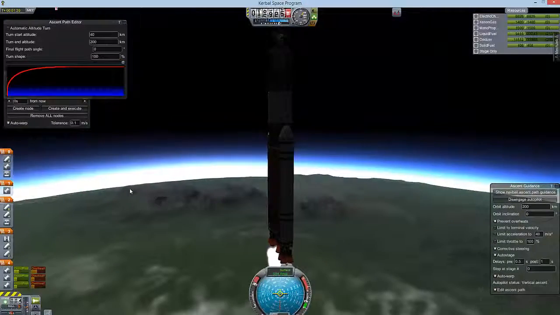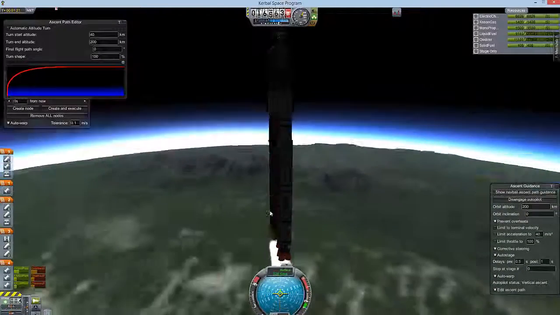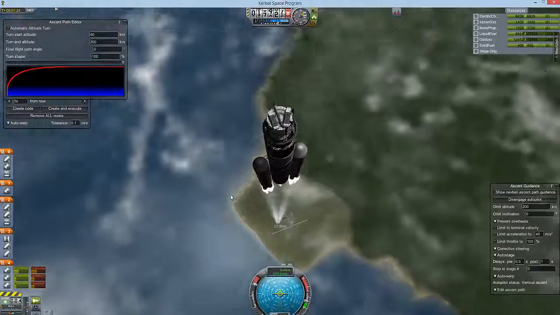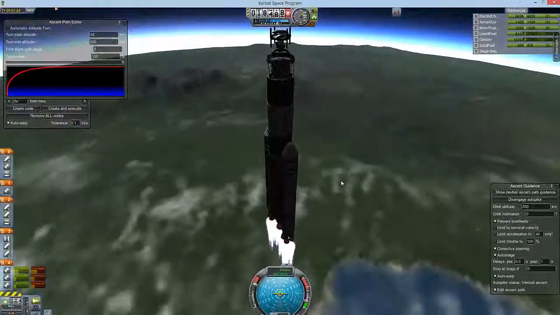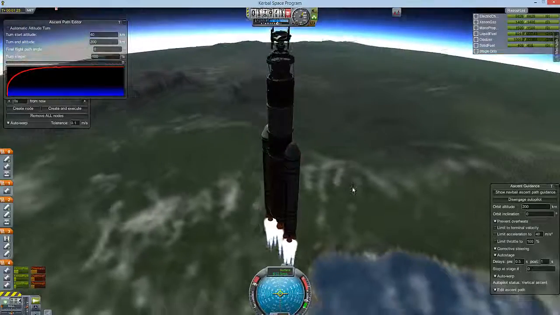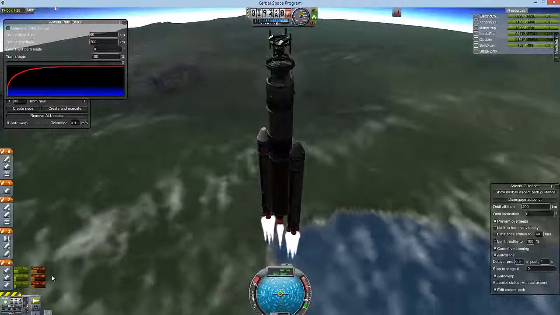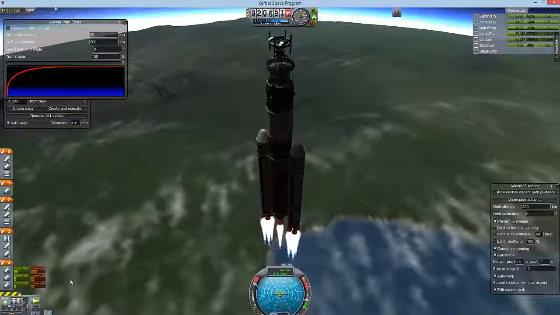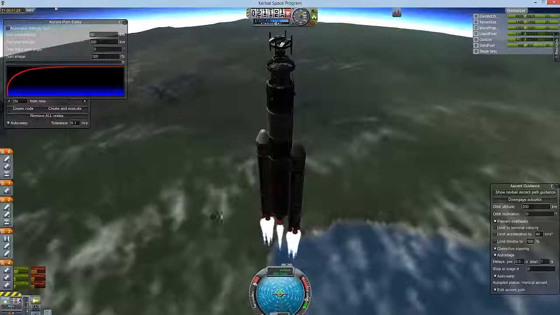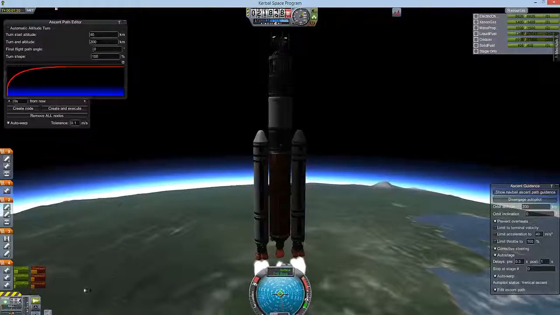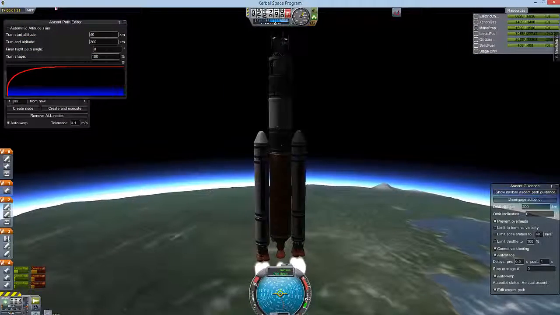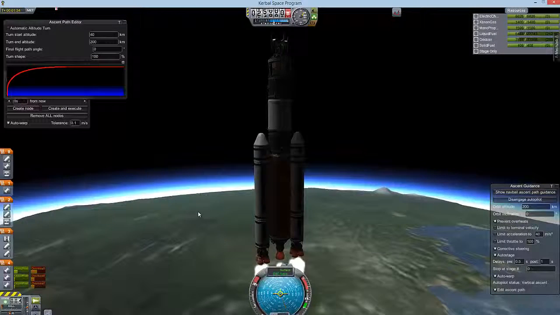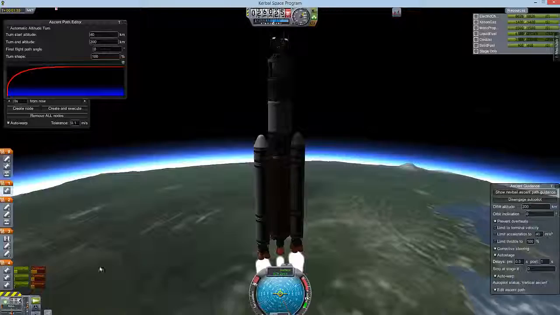Now, this is important for multiple reasons. The biggest is fuel. The second is landing, and I'll get into this in a little bit. But the fuel is a huge thing with gravity turns, and that's why we used it in the space program for a long time, and we still use it today.